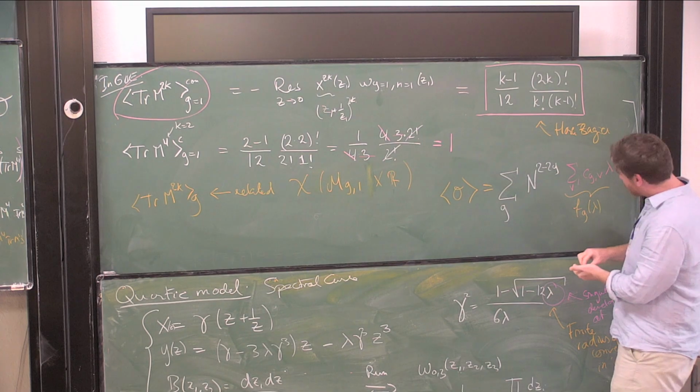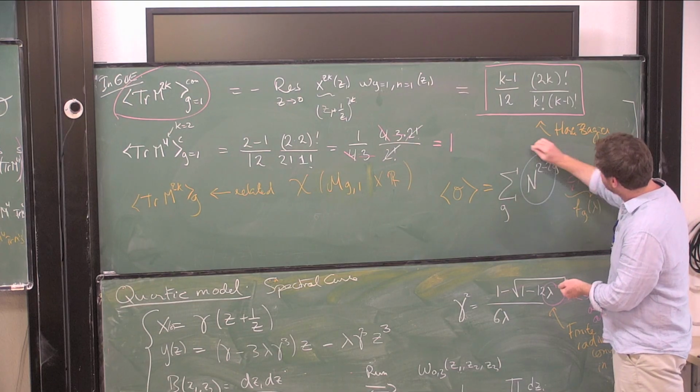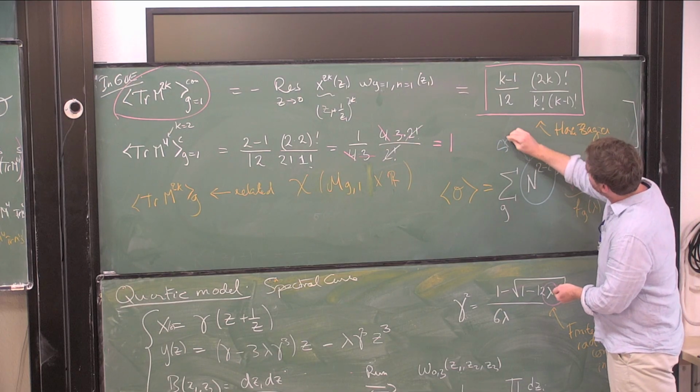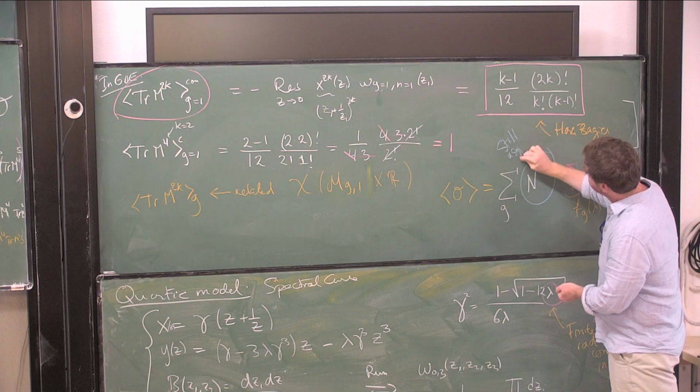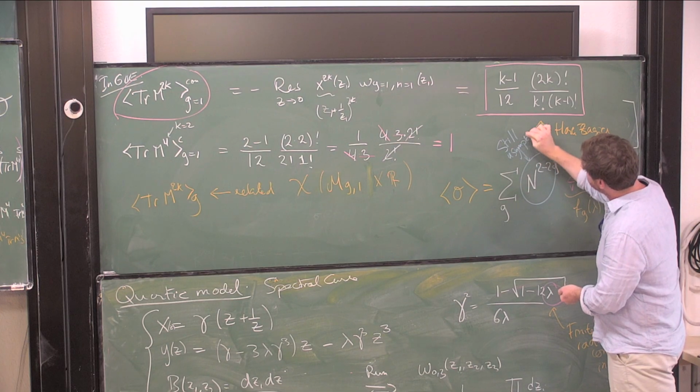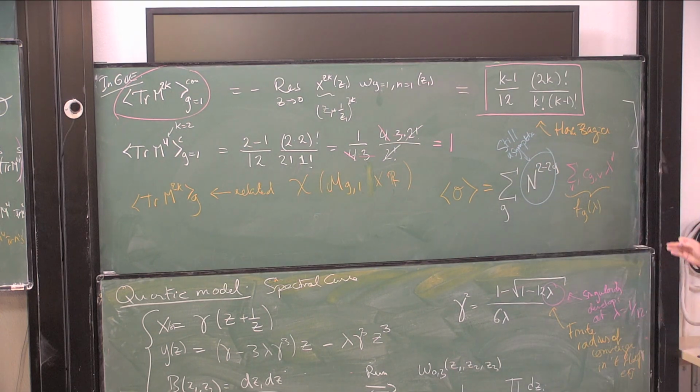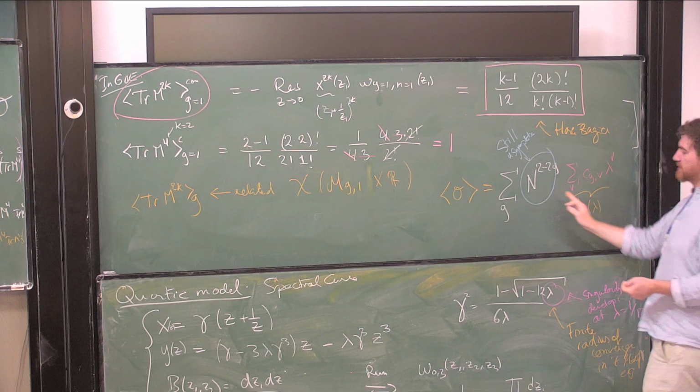But this expansion over here is still asymptotic. So it's still not that we know O as a full function of this coupling. At each order in n, we can do that.